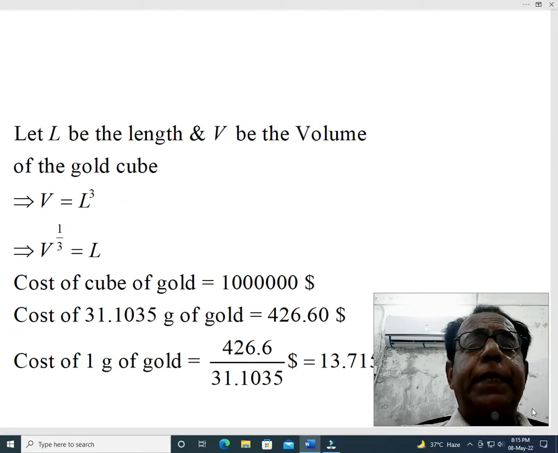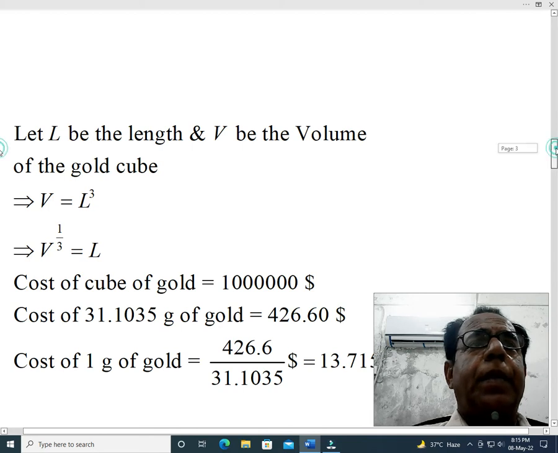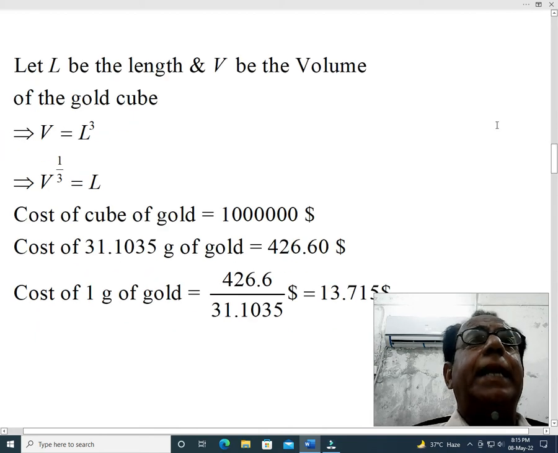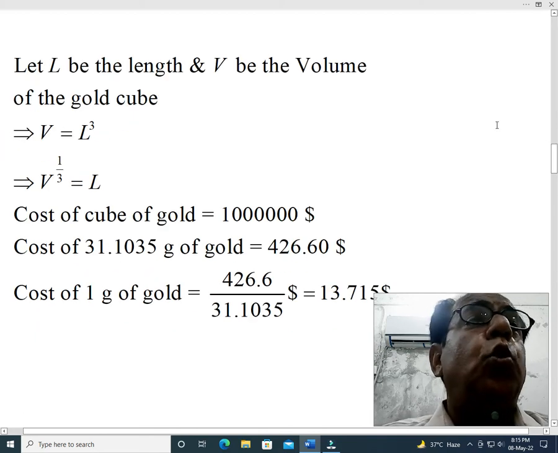Let L be the length and V be the volume of the gold cube.